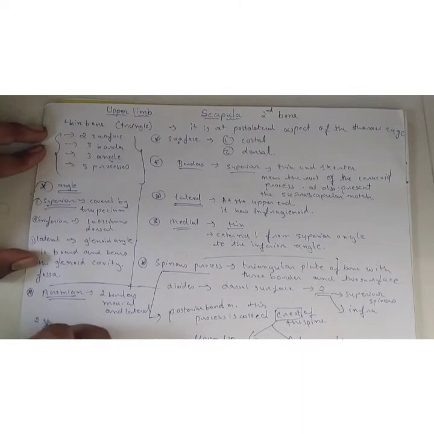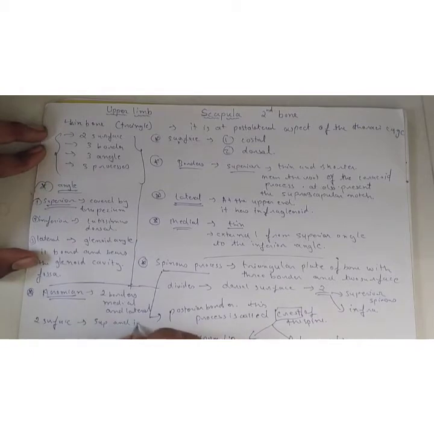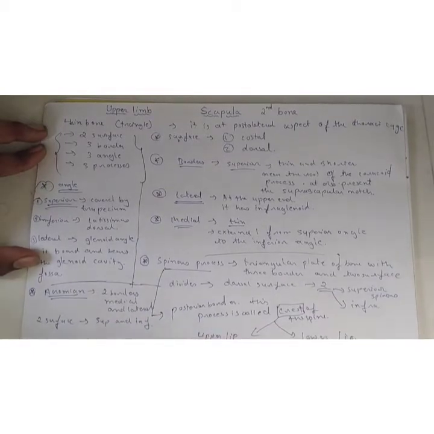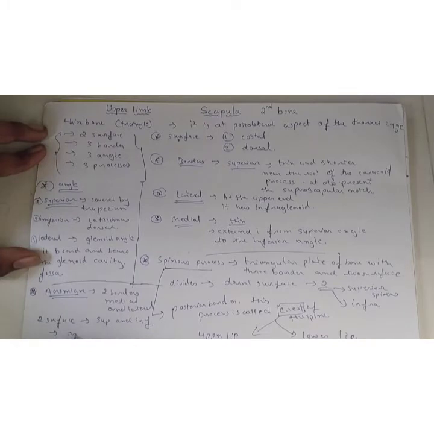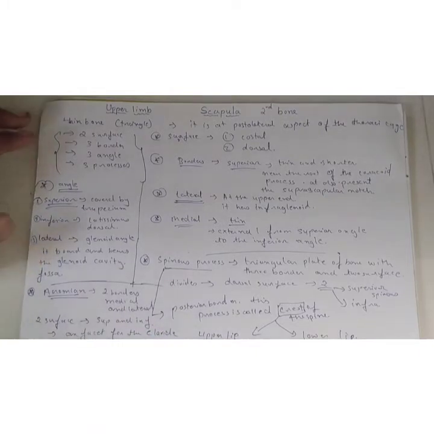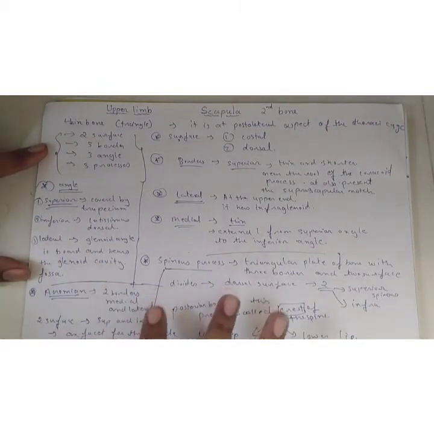It has two surfaces, which are superior and inferior, and it also has a facet for the clavicle bone, for the clavicle attachment. So this was about the two processes.